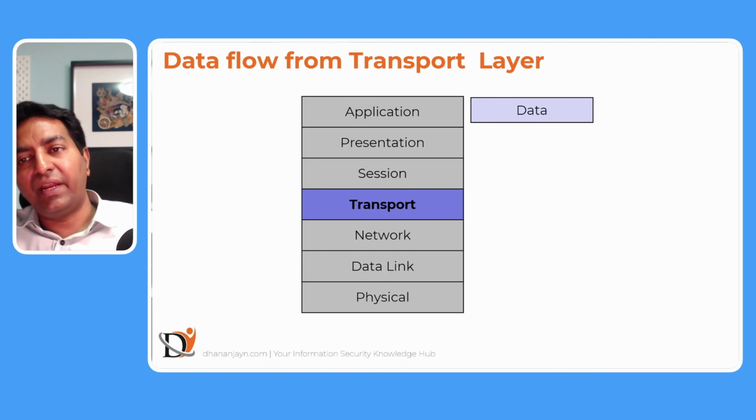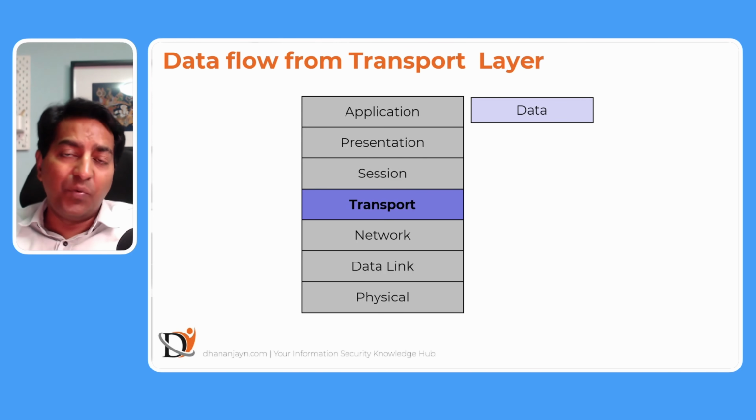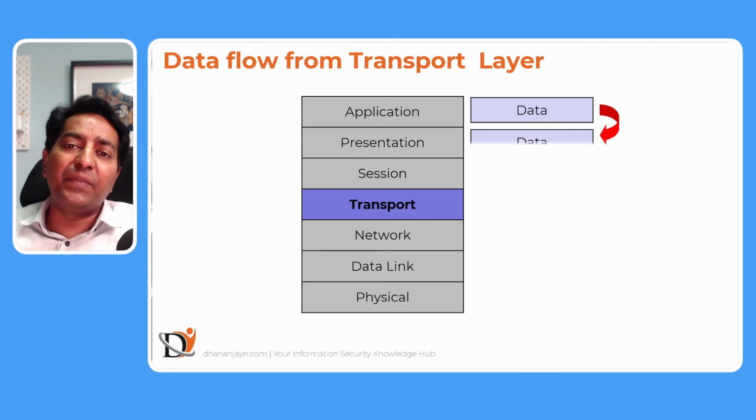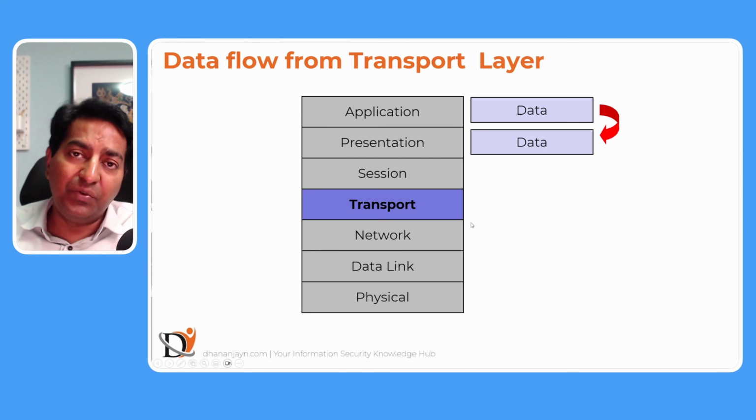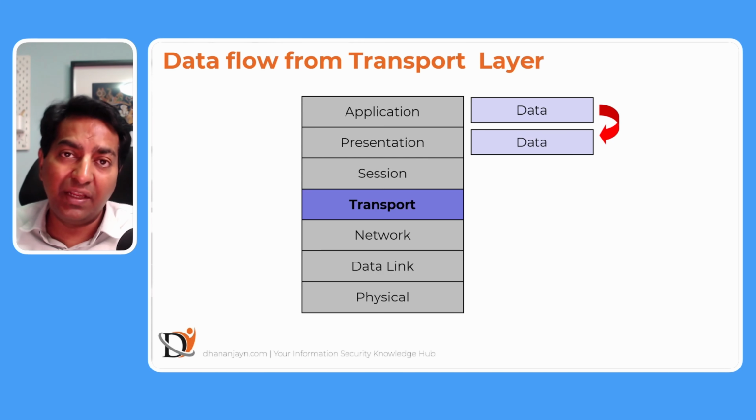So at application layers, port numbers, HTTP, HTTPS, all that is applied. Then the data is converted into a presentable format, the format that can be used on the network. Example, EBCDIC, ASCII, lots of things we have already discussed.